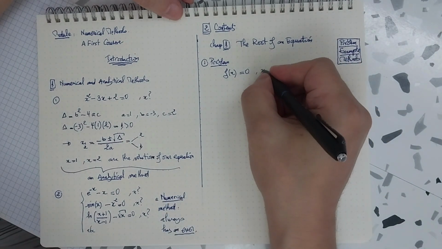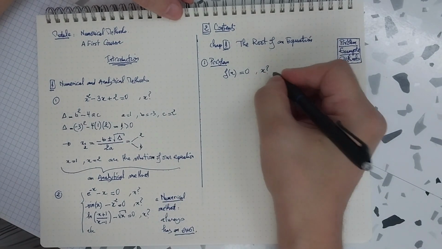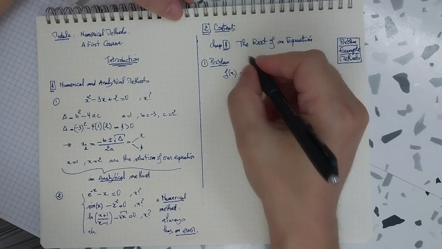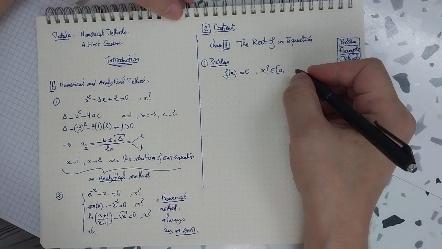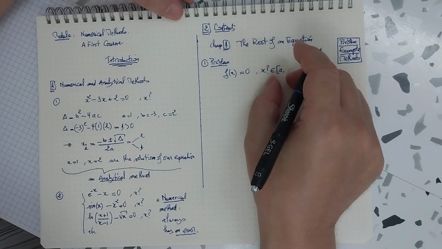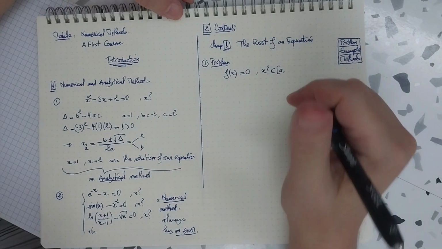And you are asked to find x in a given interval. The methods we study in this chapter need an interval, not just the equation, but also a valid interval that contains one single root.